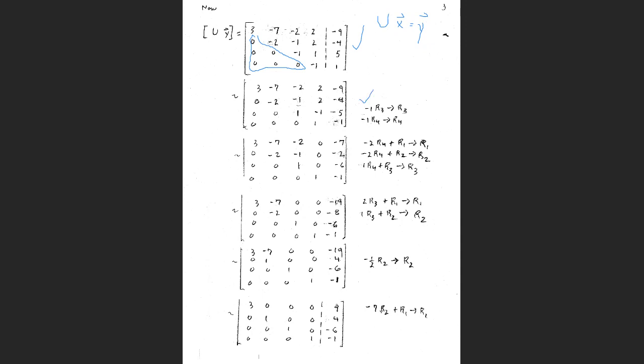And you go through the steps, and without too much difficulty, you're going to end up with this final augmented matrix, and you'll be able to determine that x1 equals 3, x2 equals 4, x3 equals -6, and x4 equals -1.